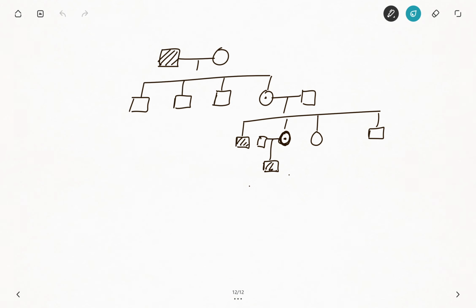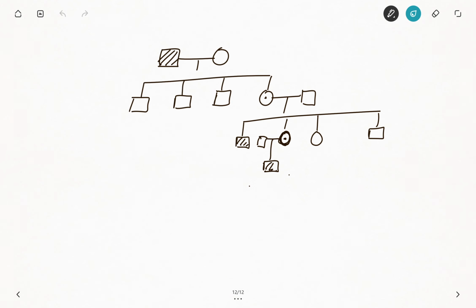When we analyze it, the analysis shows that this generation has only females who are carriers and all the sons are okay, so it means that there is no male to male transmission.